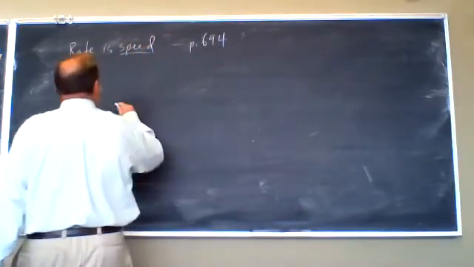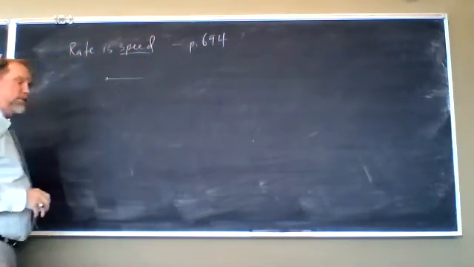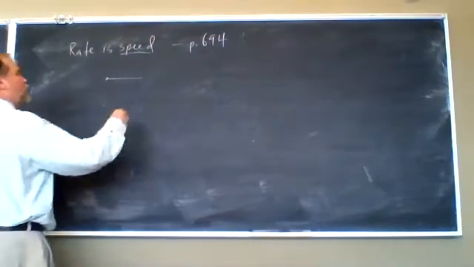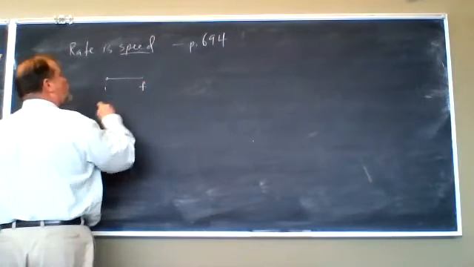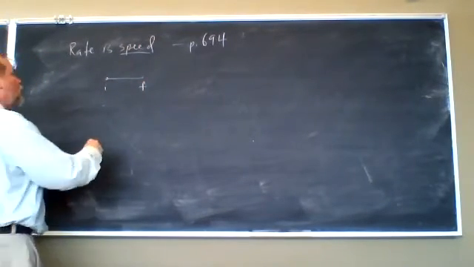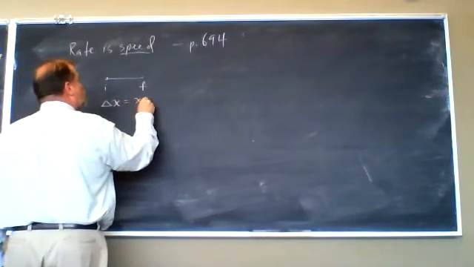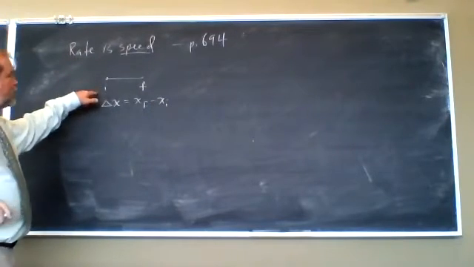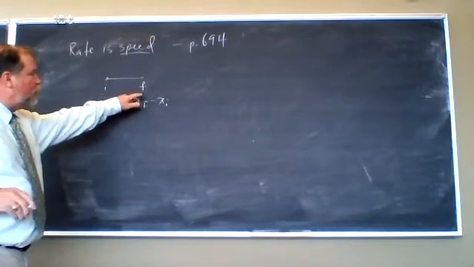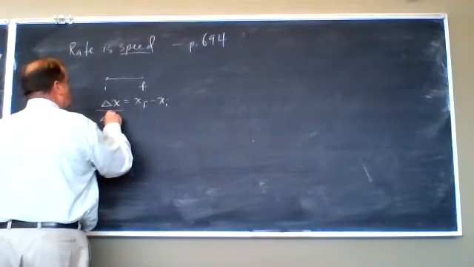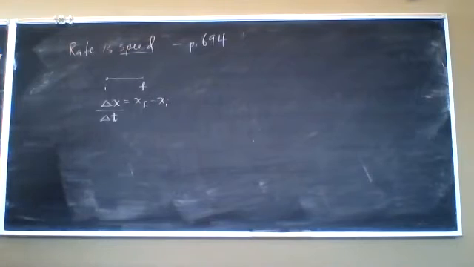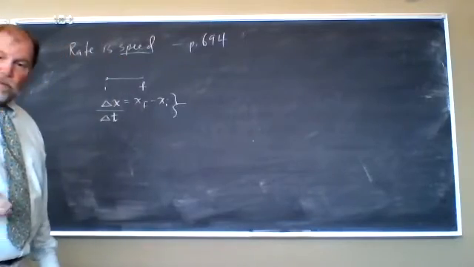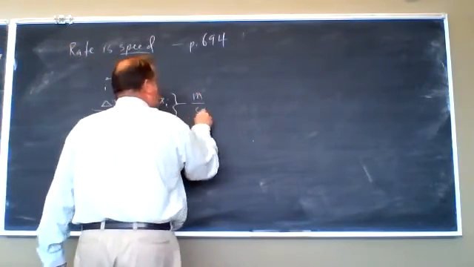And so if we have a particle that travels, we go ahead and arbitrarily make the direction of travel the x-axis. And so there is an initial position and a final position. The change in that position is just final minus initial. And then how long it takes for the particle to go from its initial to its final position is just delta t. And so we have a rate or a speed that would be in terms of, say, meters per second.